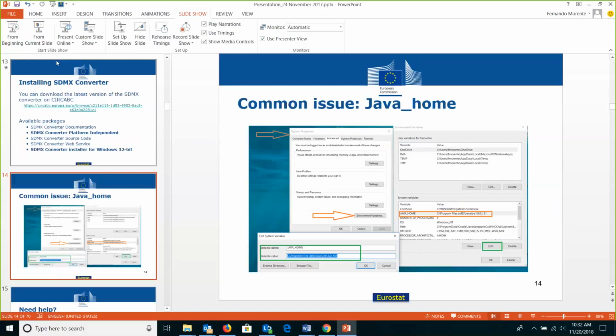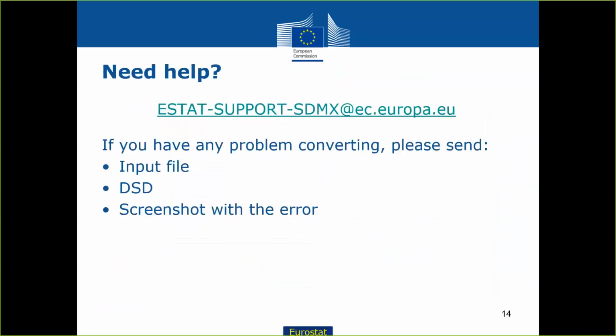If you have downloaded the software and you're sure that you have Java and the path to access Java is correctly described as I have shown you, then of course, for this or any other matter, you're very welcome to use the functional email address, which is esta-support-sdmx@ec.europa.eu.